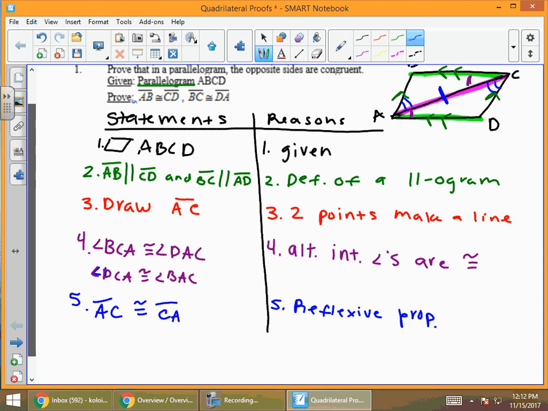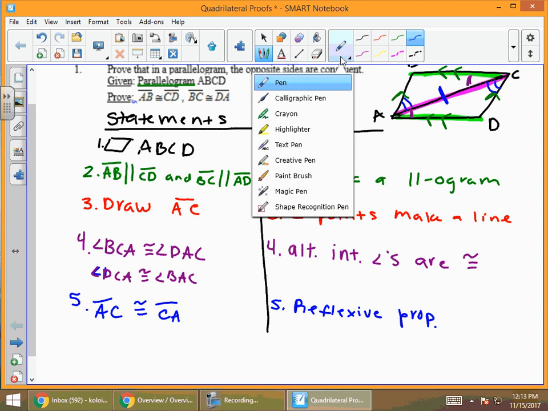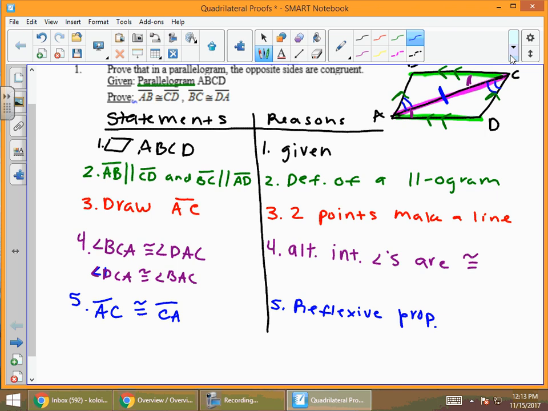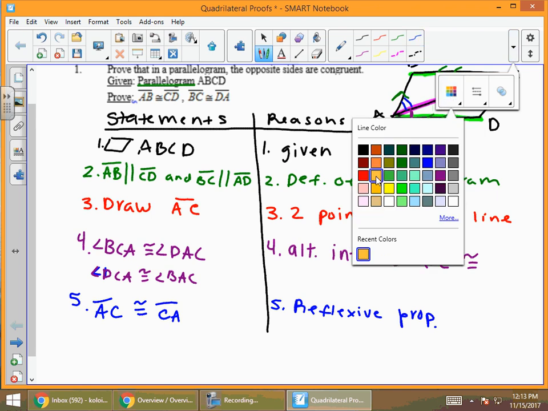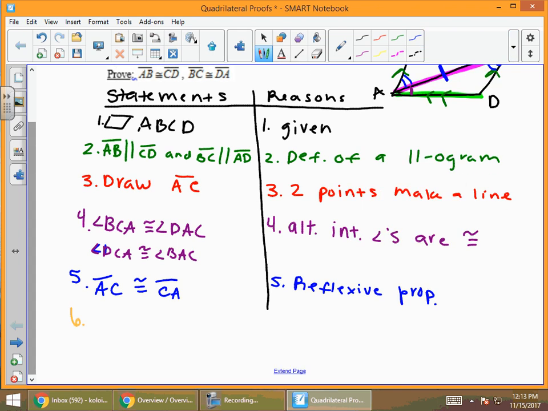How can we now say we have three pieces marked? How can we say that these triangles are congruent? Okay? Perfect. So now we can state for number 6, we can now state that triangle, and again, a little trick, just steal one of your angles and just use a triangle symbol.